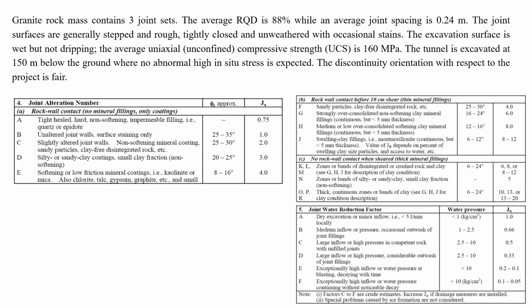So next will be joint alteration number. It's this one, J with lowercase a. It's more about how weathered it is. You will see that it has table number 1, table number 2, and table number 3, right? If you're given some numbers about, let's say, friction angle, you can select based on the friction angle.